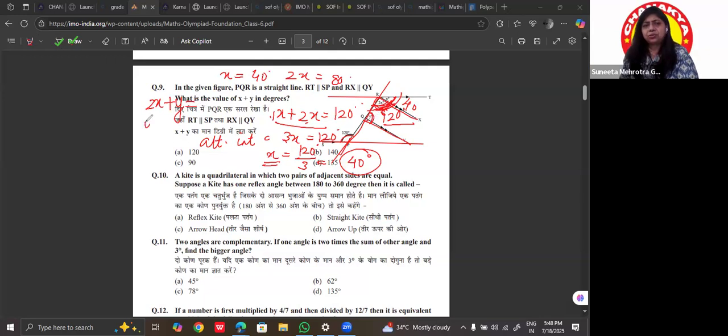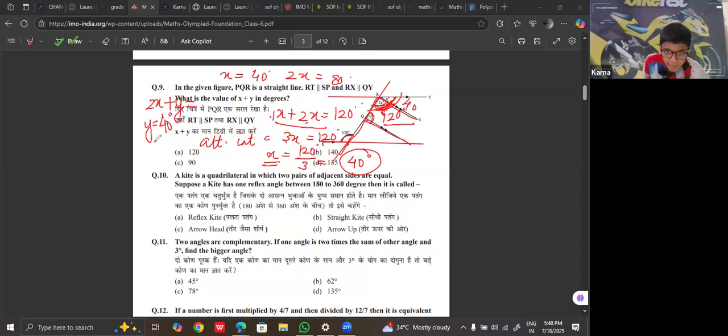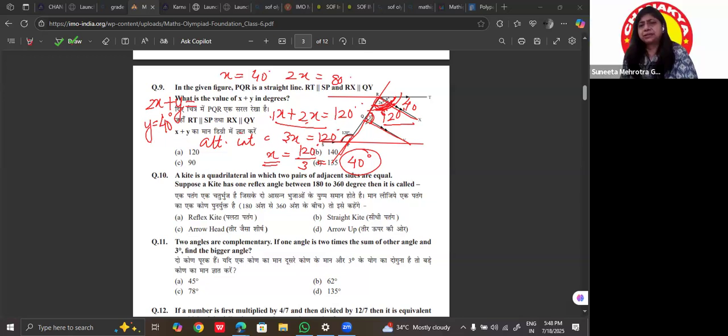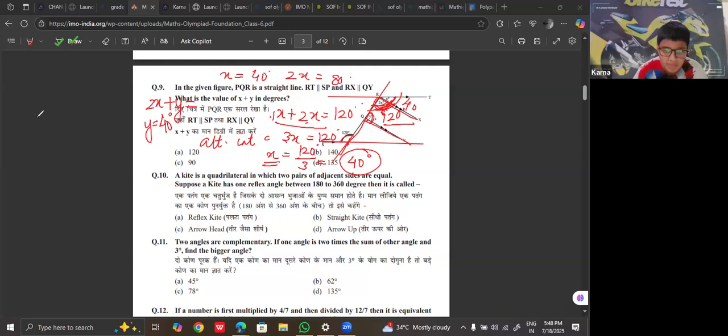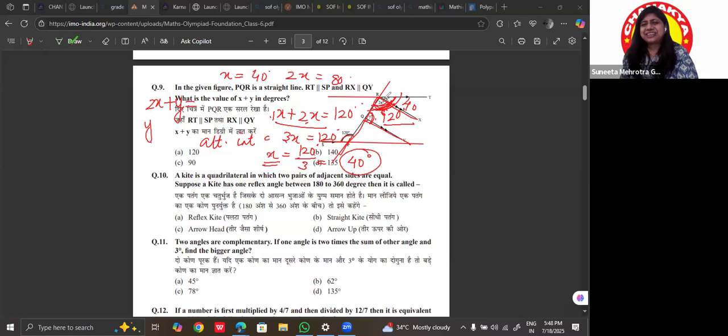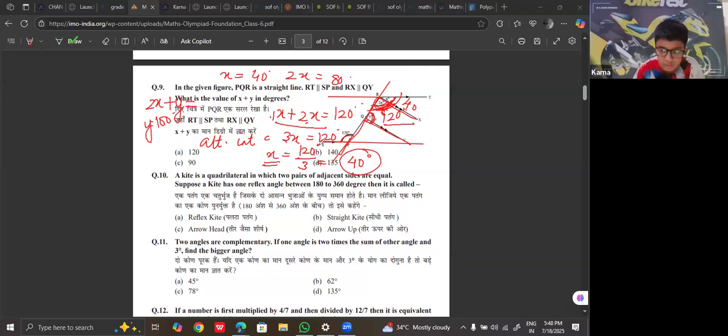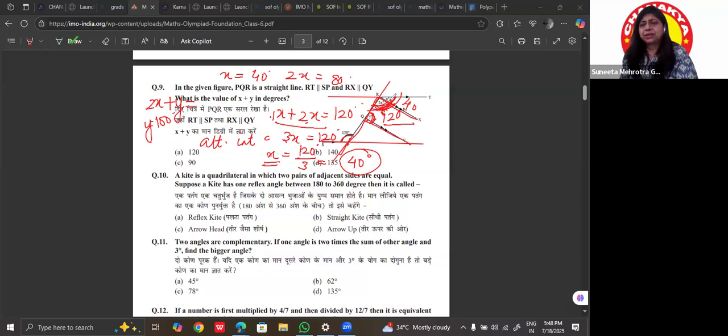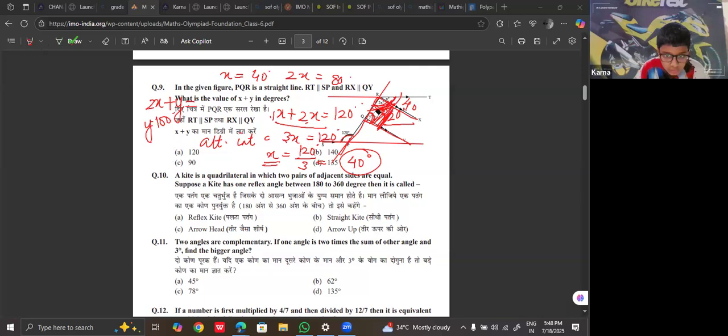Is y equal to 40 degrees? No, this is 80 degrees. If it is 80 degrees, then from 180 it is 100. So y is 100 degrees; it is not an obtuse angle issue, because these two angles make 180 degrees, supplementary.